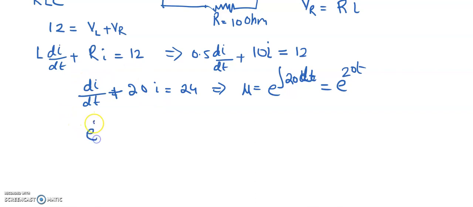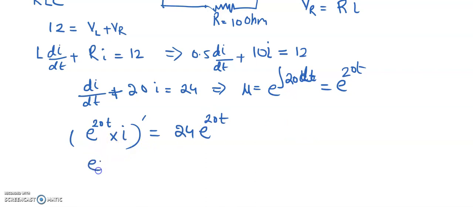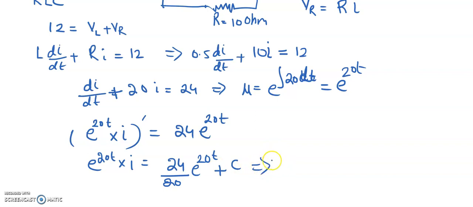So e power 20t times I prime is equal to 24 e power 20t. Integrating again, e power 20t times I will be equal to 24 divided by 20 e power 20t plus a constant, and we can simplify it.